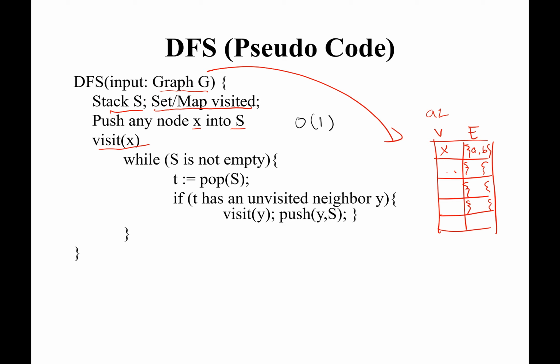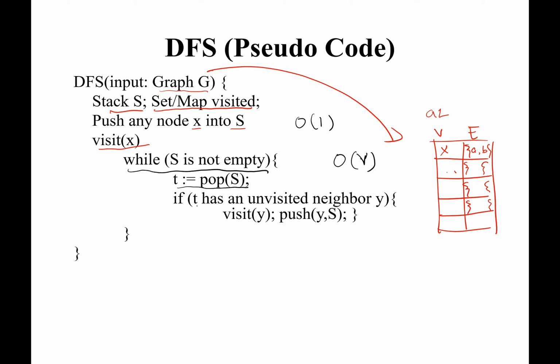And then until the stack is not empty, what we do is we pop one node. So in total, how many pops will happen? Order of V pops will happen, if all the vertices are inserted into the stack throughout the algorithm.